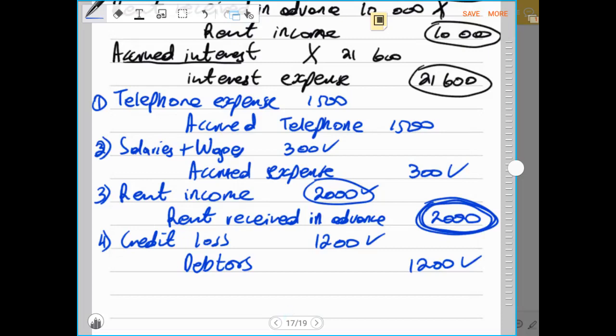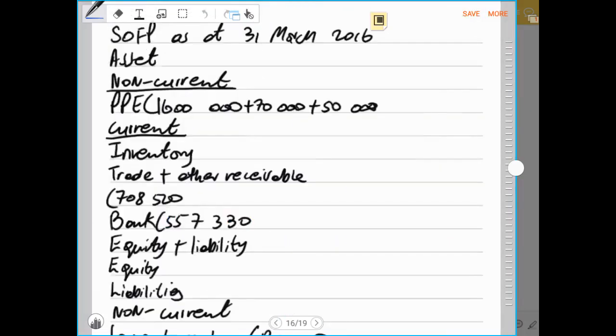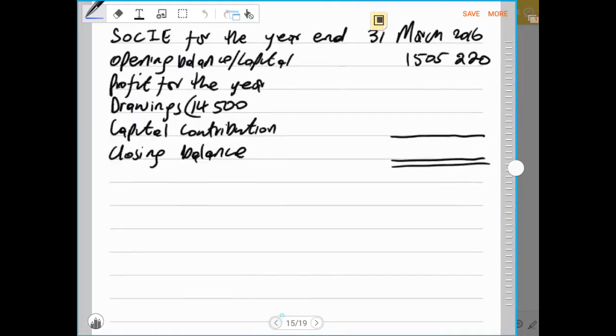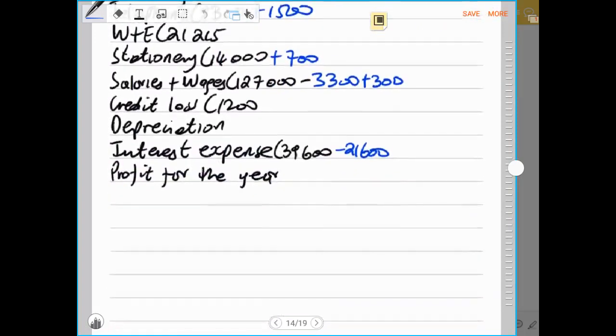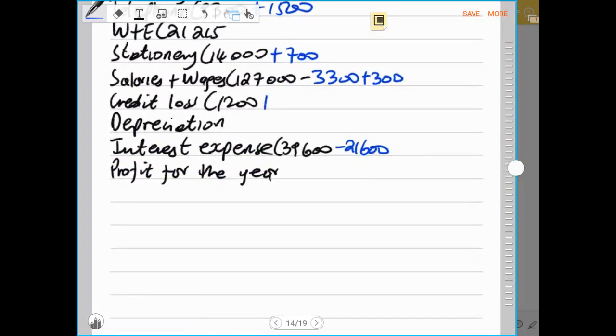So now we record under our debtors 1,200 because our debtors decrease by 1,200 rands, which is a bad debt. And at the same time, our expenses increase by the amount of the bad debt, where we say plus 1,200 rands. So now that is another bad debt above the 1,200 that was already in the trial balance. Then we have recorded that in the financial statements as it's supposed to be.